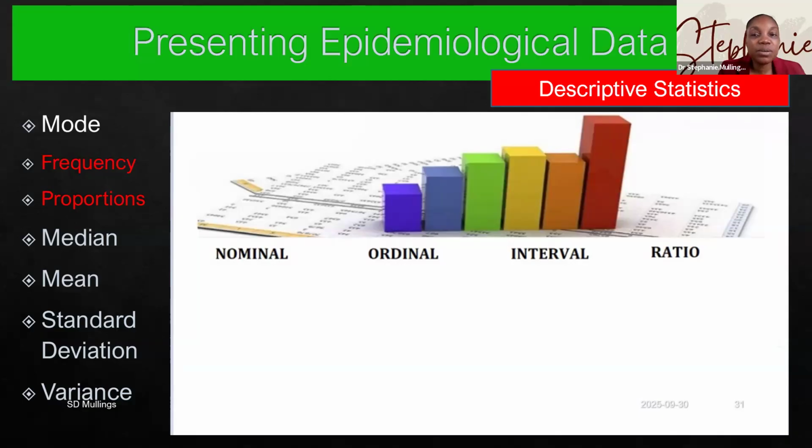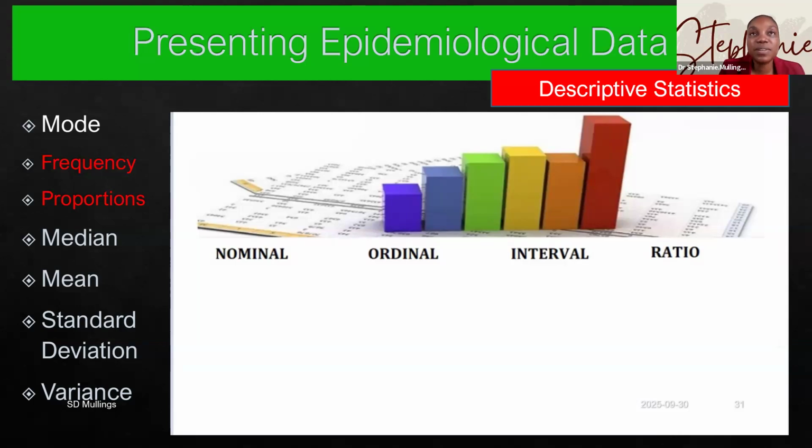For interval now, we have intervals and we have equal intervals. So it's on a scale, you have 1, then 2, then 3, then 4, then 5. While in between that 1 and 2, you can have other measurements in terms of how we graduate a scale.